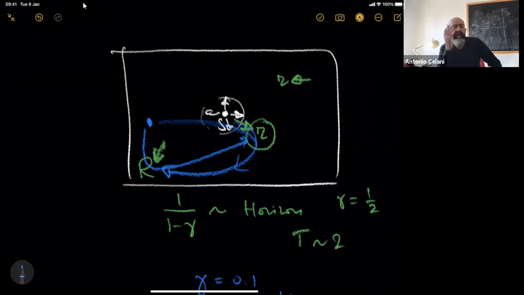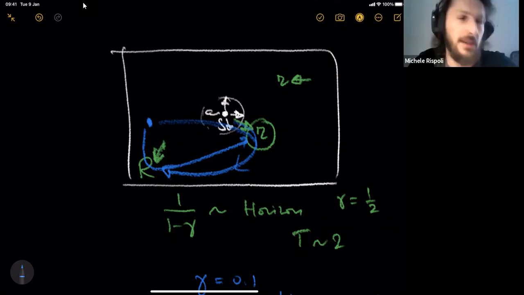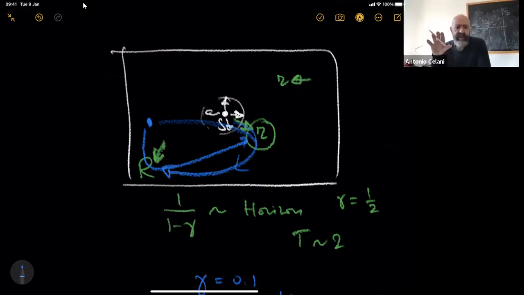Okay, so let me first clarify if I understand correctly. You are designing a certain structure of the rewards, but you're not changing it over time, right? You're just keeping it as it is. The reason I'm asking is because what you were saying looked a little bit like an adversarial situation, and there is a whole part of reinforcement learning which deals with games and adversarial things.